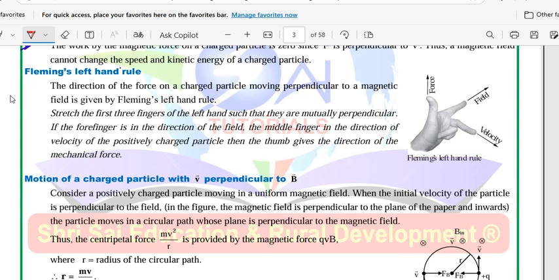Fleming's left hand rule. Very, very important it is. Take your left hand and stretch it like this.